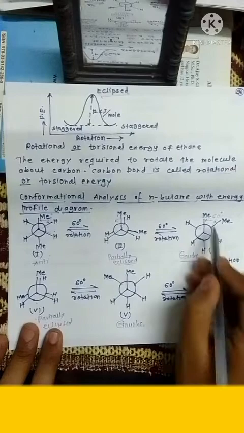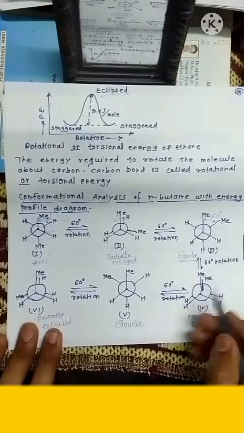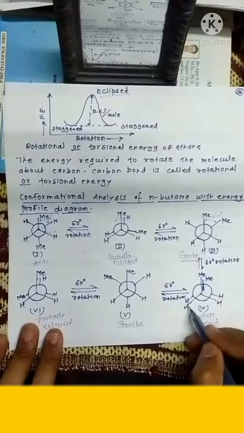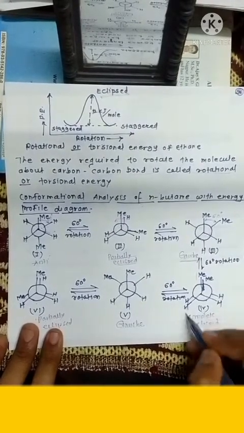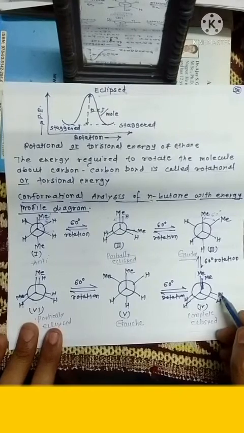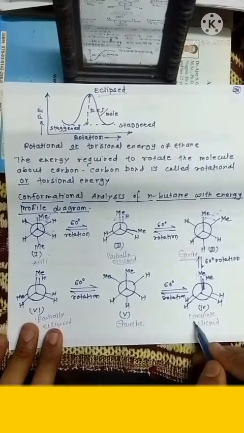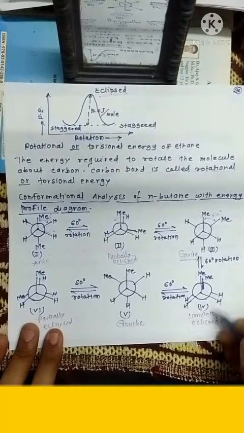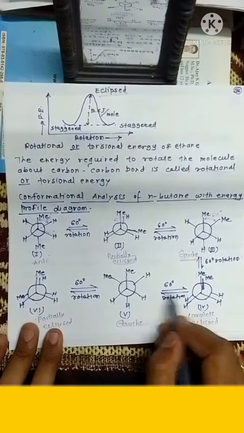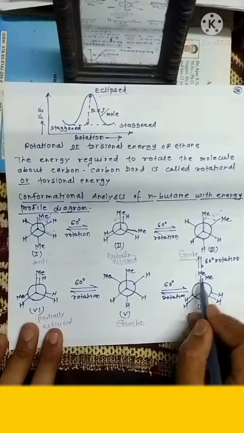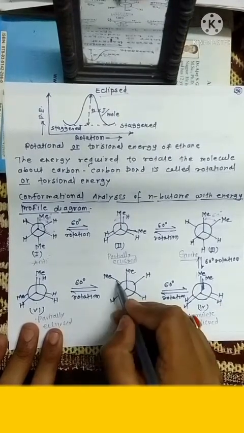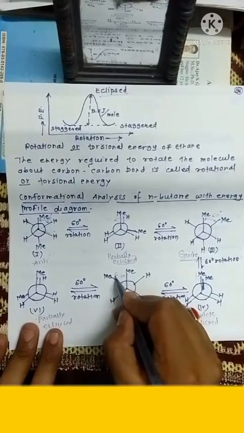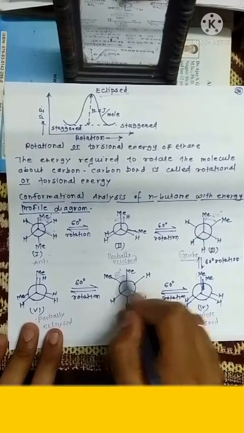If we again rotate this by 60 degrees, we come here, methyl in front of methyl, hydrogen in front of hydrogen, and this hydrogen in front of this hydrogen. So it is known as the complete eclipse conformer of n-butane. If we again rotate the backward carbon by 60 degrees, just see here, the angle between this methyl and this methyl is now 60 degrees.